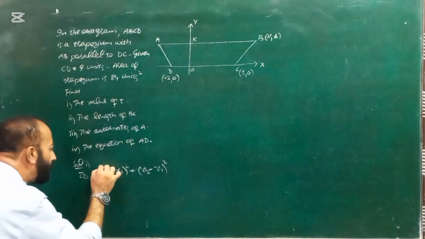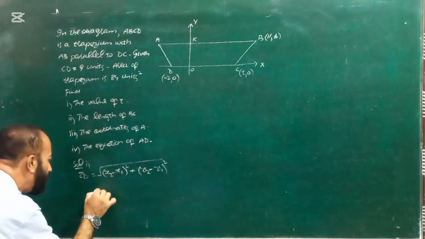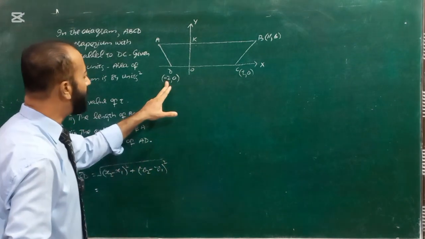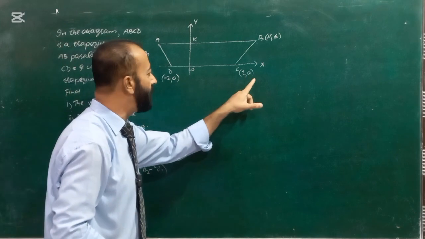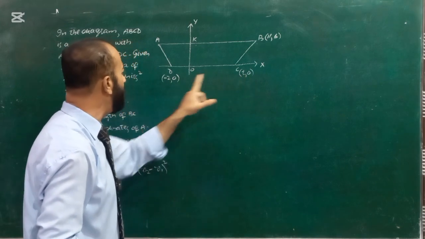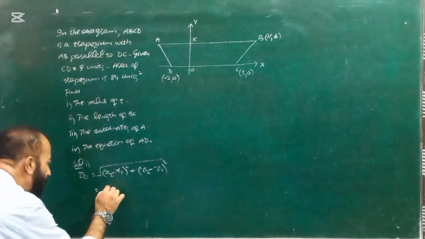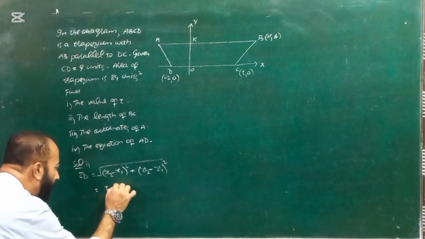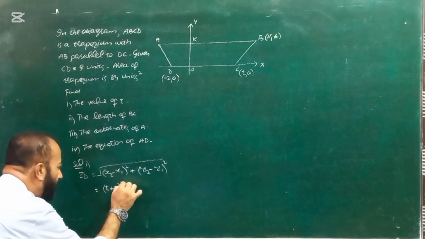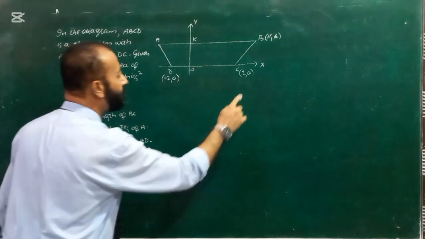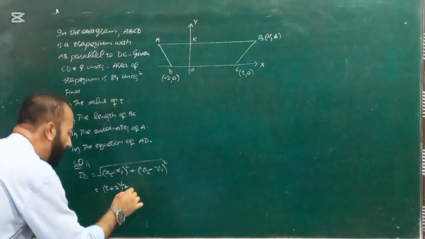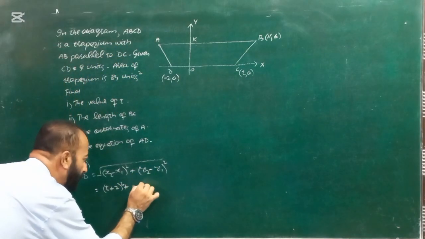So now putting values into it, call it x1 y1, and this is x2 y2. So x2 minus x1, so t minus minus 2 will be t plus 2, plus y2 minus y1. So 0 minus 0 will be 0.